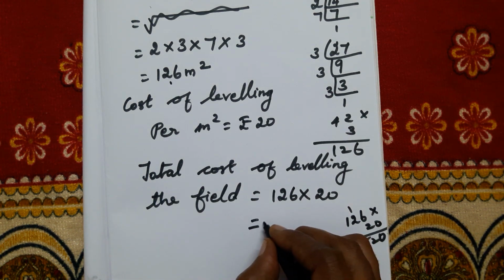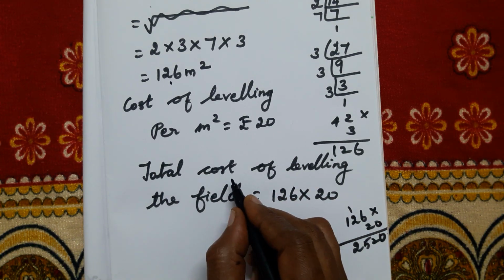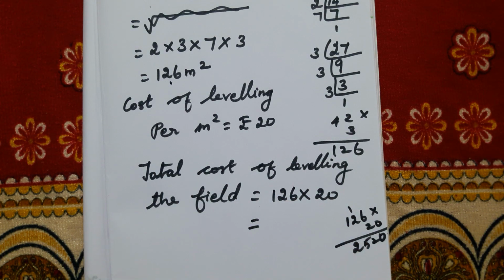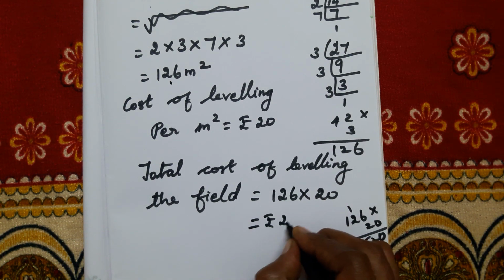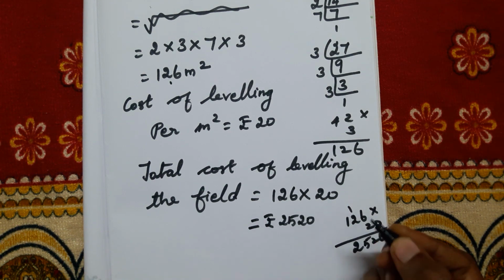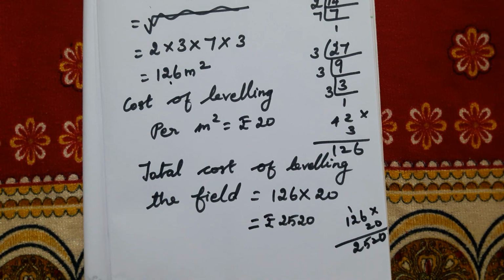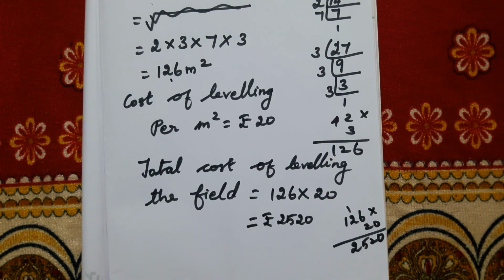Cost means we write it in rupees: rupees 2520. Clear? Have you all understood this?